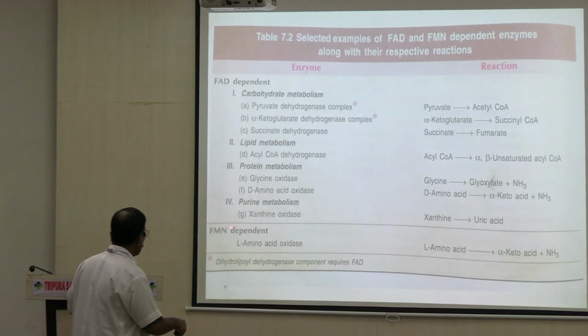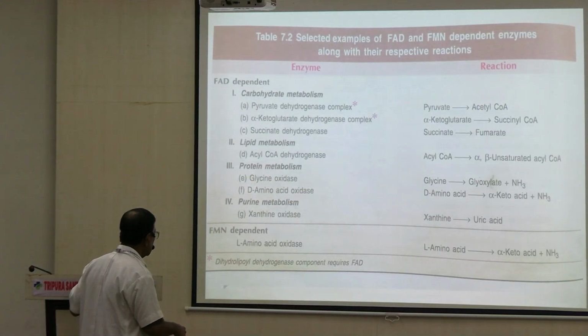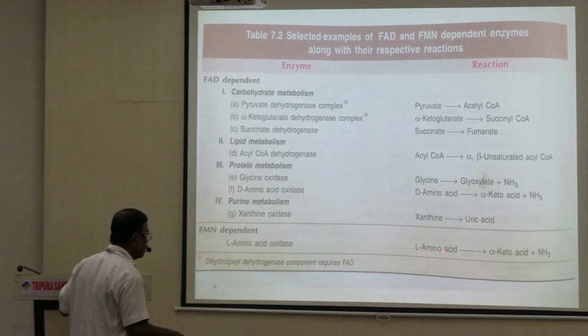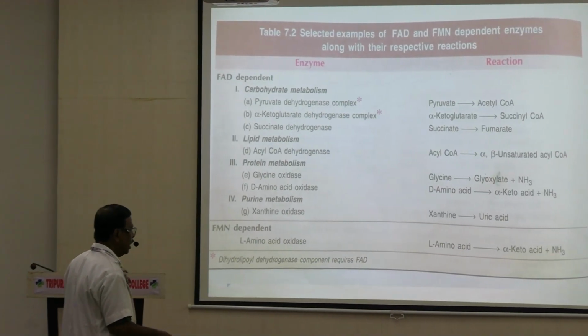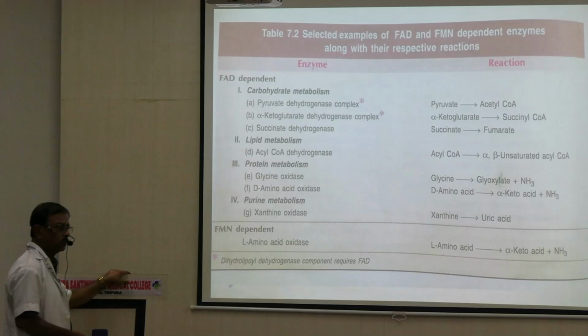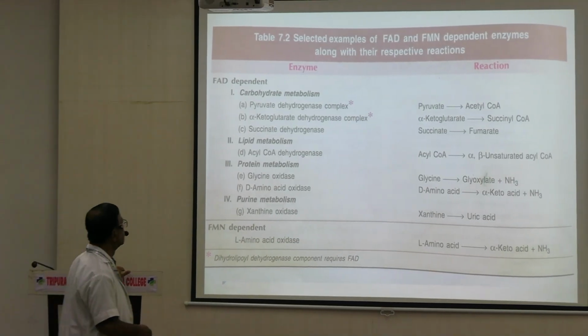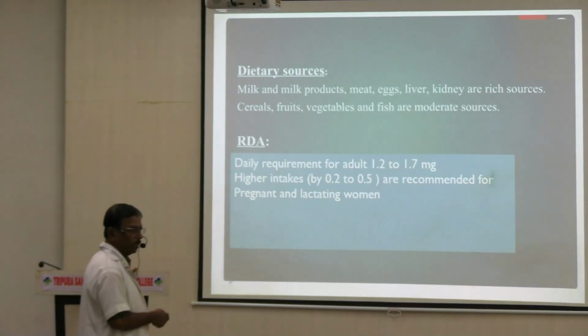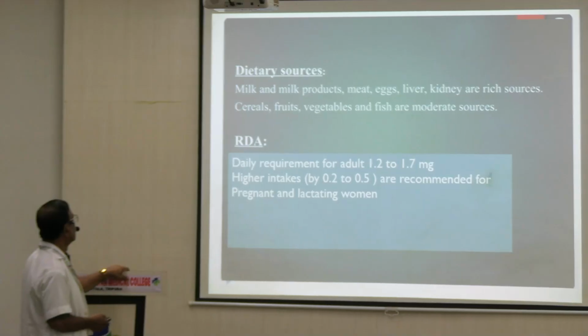An FMN dependent reaction is L-amino acid oxidase, which catalyzes L-amino acid to alpha-keto acid and ammonia. This table is from Satyanarayana.